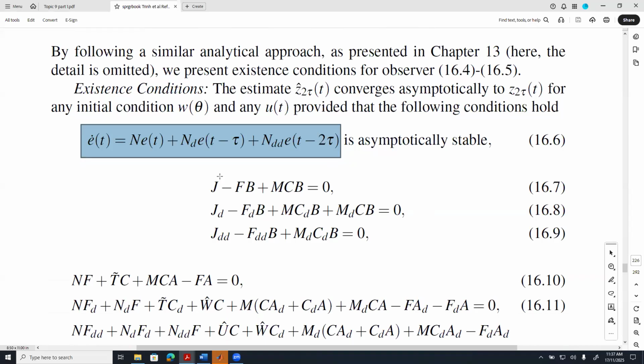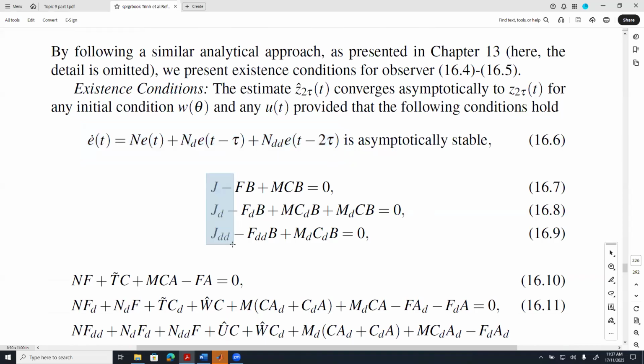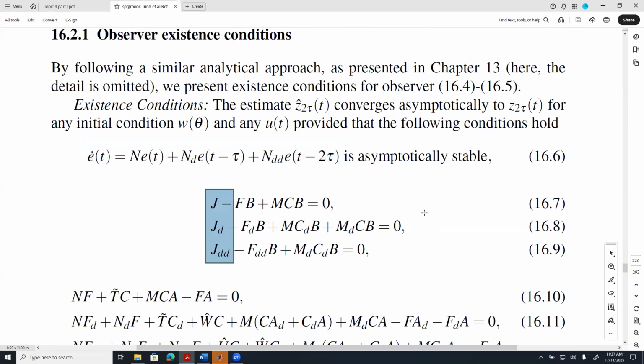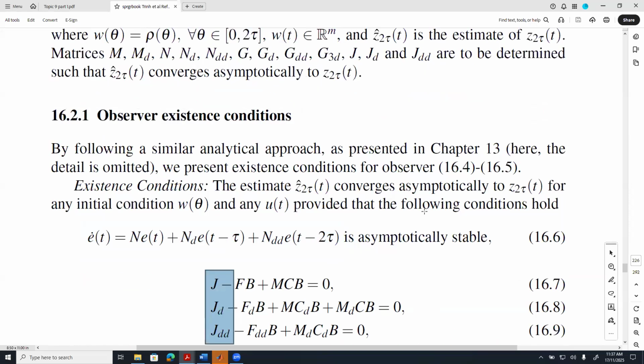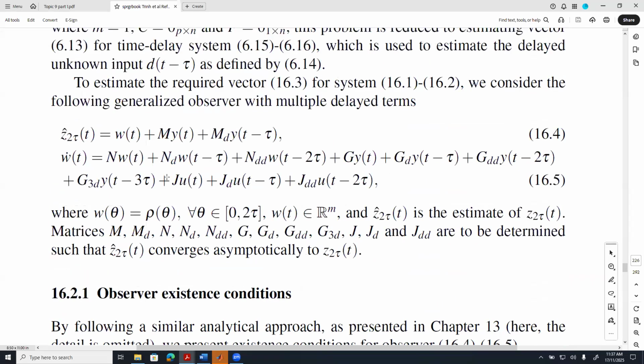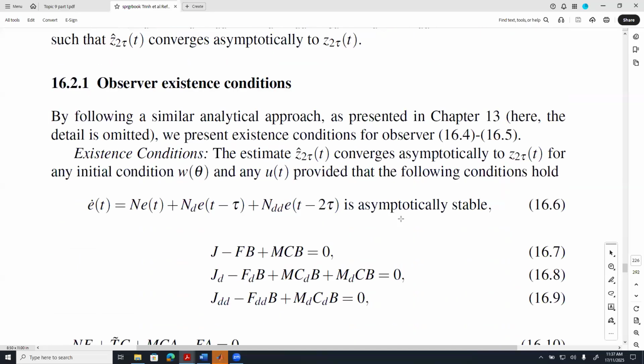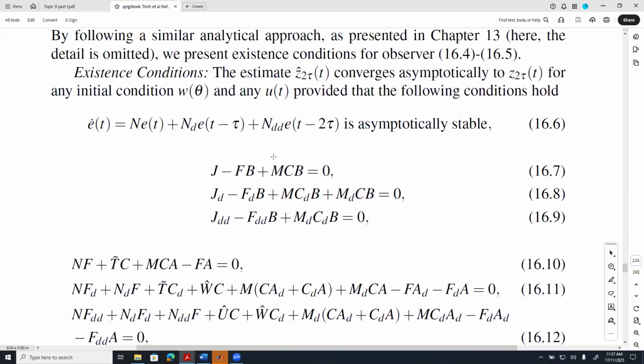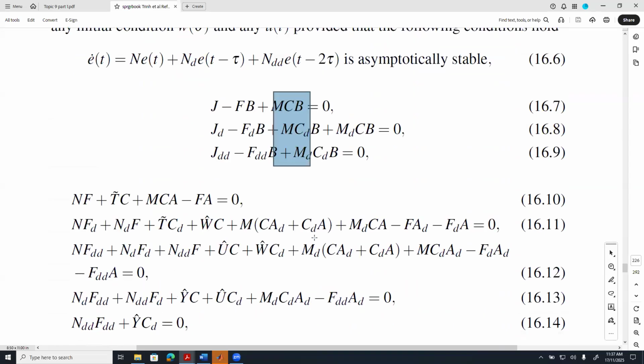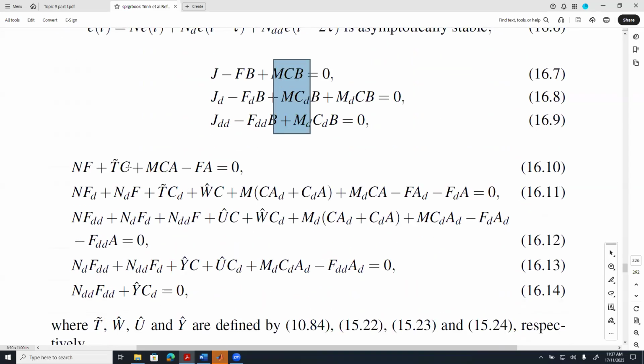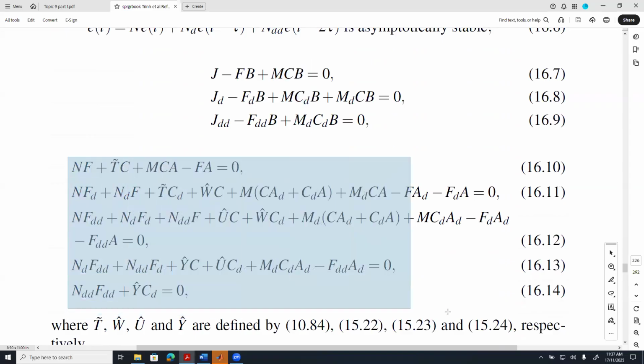And then the rest of the parameters of the observer, like J, JD, JDD, and all of that, can actually be obtained from the parameters of the observers, like M, MD. What is important in here is the 1, 2, 3, 4, 5 coupled matrix equations.